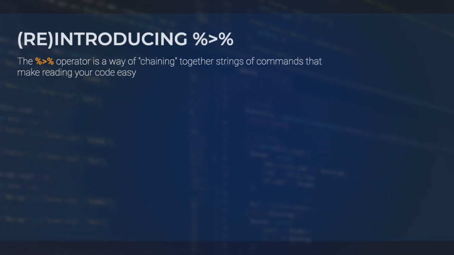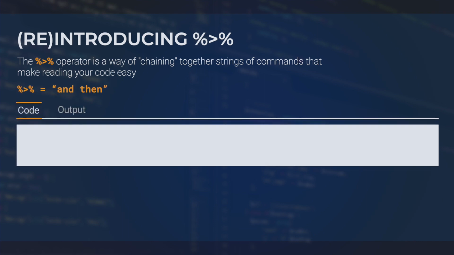You have been previously introduced to this concept known as the pipe, which is this percentage greater than percentage symbol. It might at first seem a little strange, but once you get used to it, it makes coding very intuitive. Recall that whenever you see the symbol, always think and then. Let's walk through an example of how to use this operator.